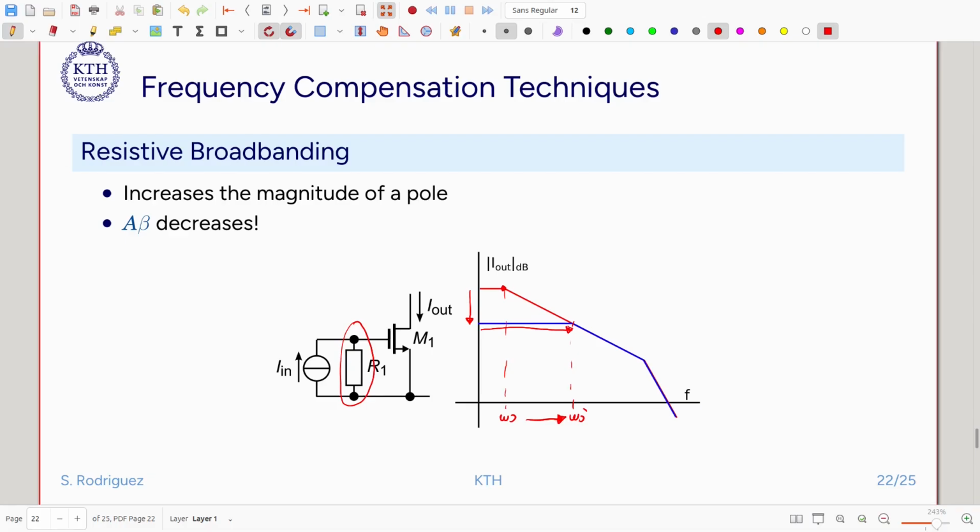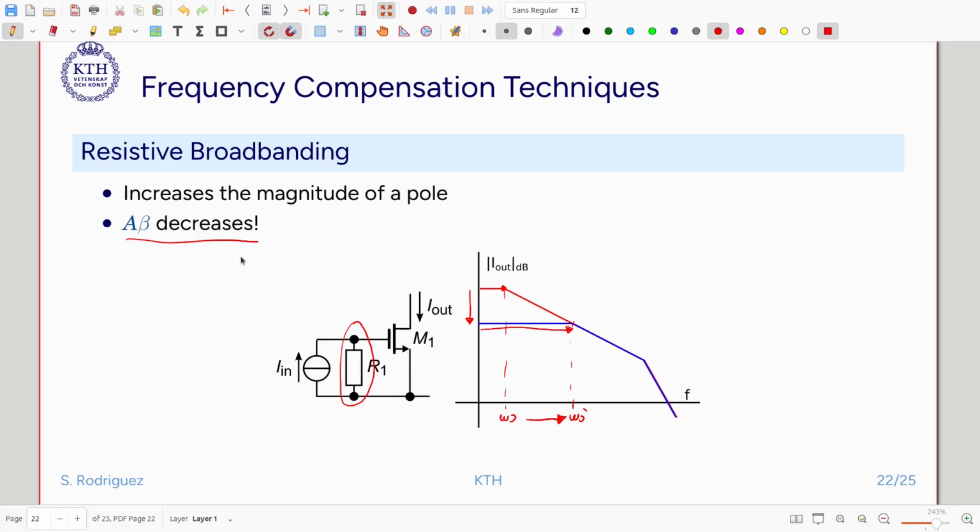So the loop gain at low frequencies decreases, and then the accuracy of the amplifier also decreases. So I have to use this one with a lot of care, and it will not be the first of our choices when we need to compensate an amplifier. We may only use this when we have a lot of loop gain.